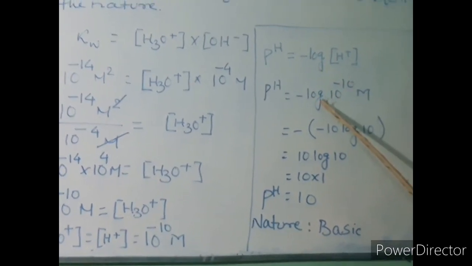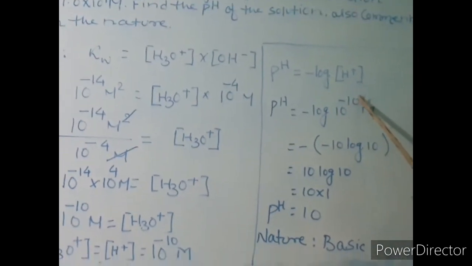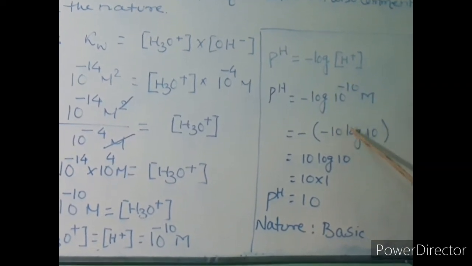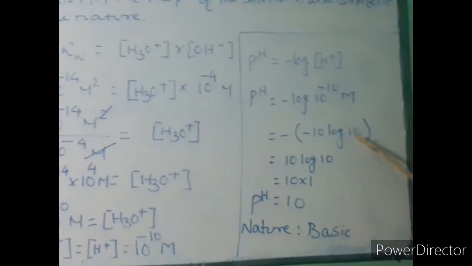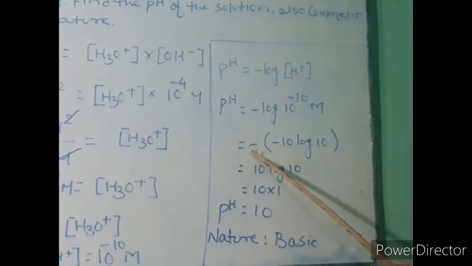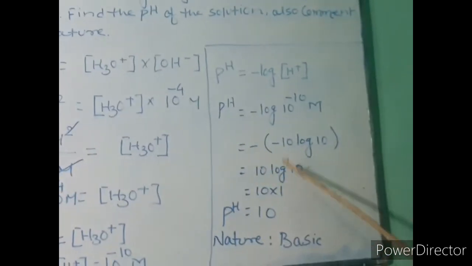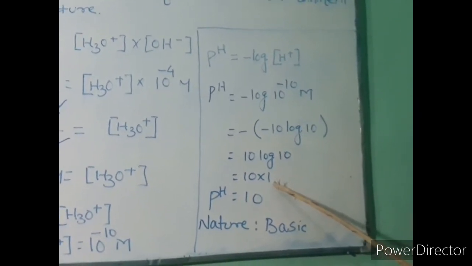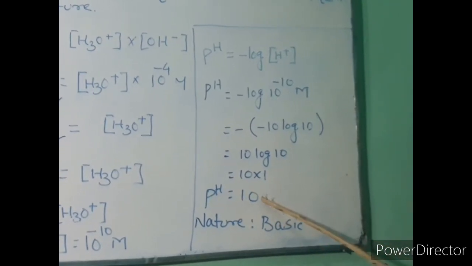In a previous video we already discussed that log m to the power n equals n log m. So minus minus becomes plus, 10 log 10. Log 10 value is 1. So 10 into 1, 10. pH is equal to 10.